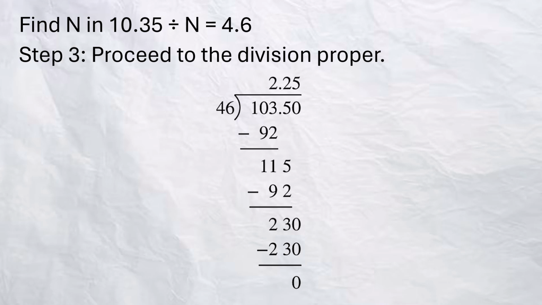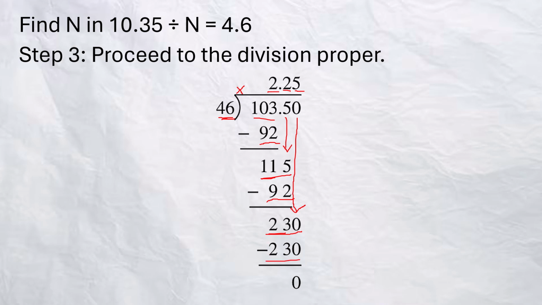So we can now divide 103 divided by 46. That is 2. 2 times 46 is 92. 103 minus 92 is 11. Bring down 5. 115 divided by 46 is 2. 2 times 46 is 92. 115 minus 92 is 23. And then bring down 0. 230 divided by 46 is 5. 5 times 46 is 230.